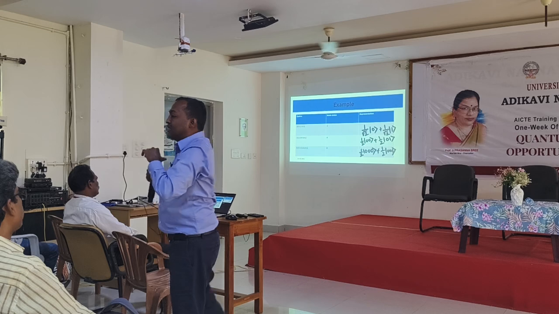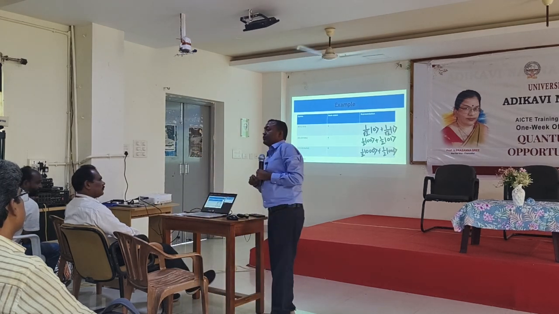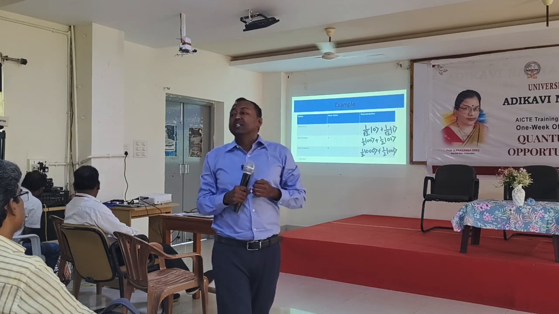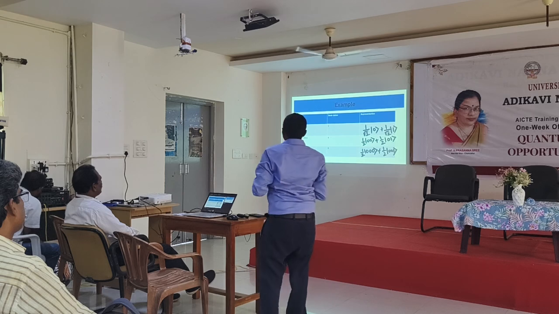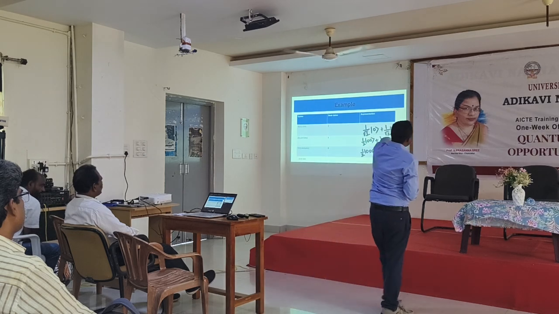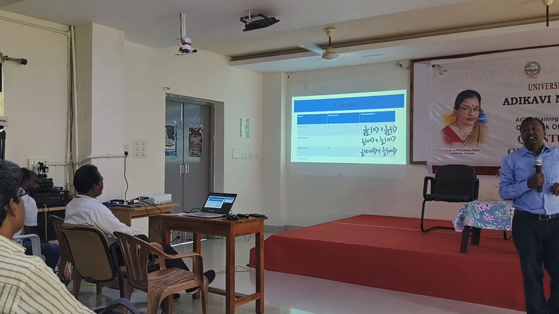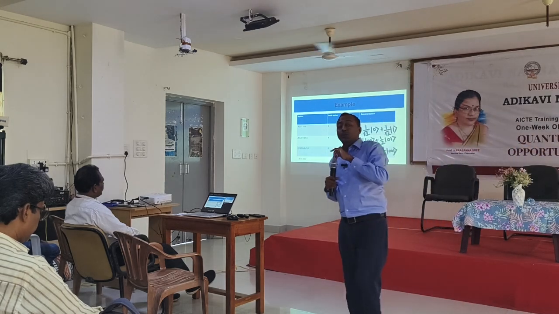Then for 2 qubits, 1024 bits are required to decode information from your 2 qubit states. Basis states 4. Look here: 1 by root 2 state 00 plus 1 by root 2 state 01, 10, 11.